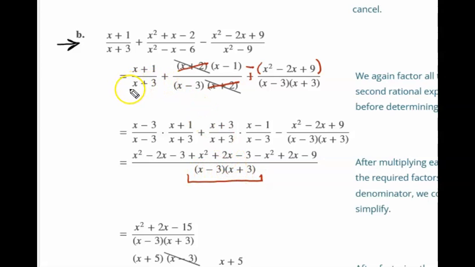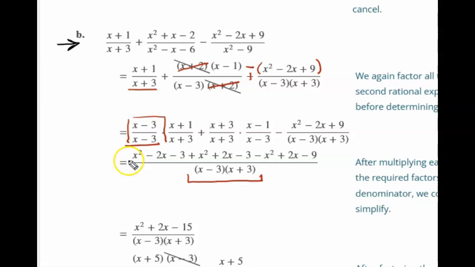So looking at this one, which one does this need to make it this? And you might say, well, it needs the x minus 3. Again, this configuration, this is just a 1. We're multiplying this by 1, not changing its value.